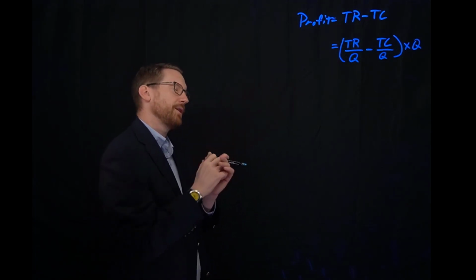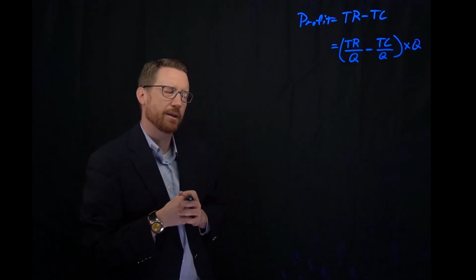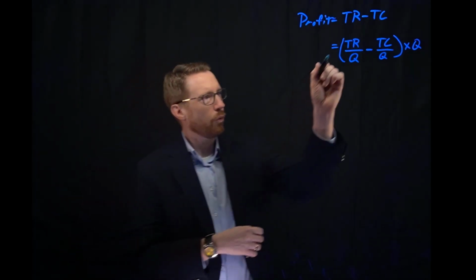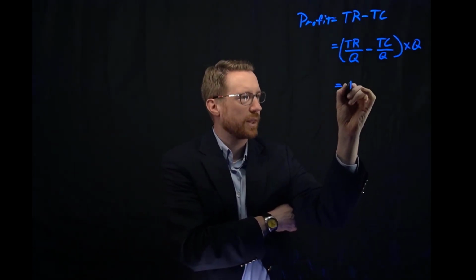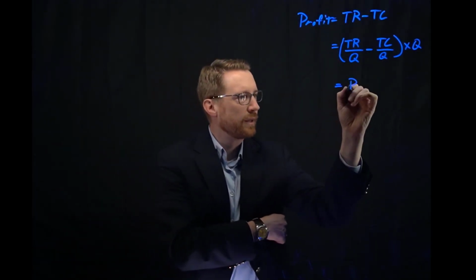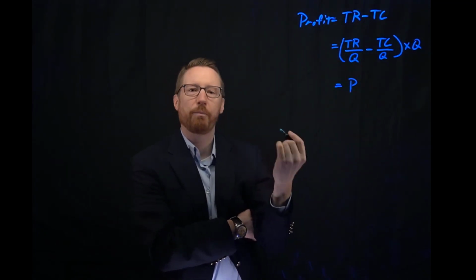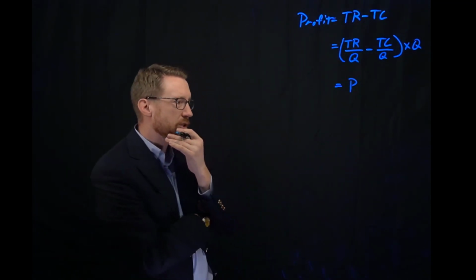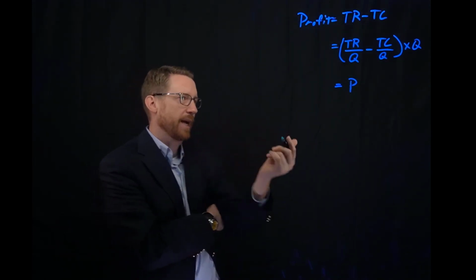So why did we do this? Because these terms are something that we can understand a little bit more clearly. What is total revenue divided by quantity? That's just the price. How much revenue comes in divided by the quantity sold must be the price that it was sold at. And what is total cost divided by Q?